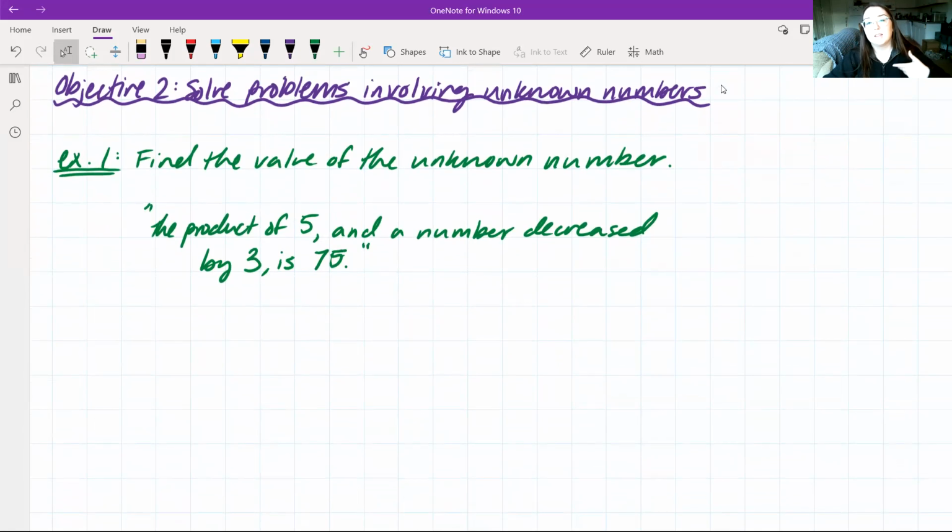So we've read the number here. What we want to find is whatever this number is that's being decreased by 3, because we know when we multiply this by 5, we're going to get a value of 75. So let's start with step 2. Step 2, we want to state our unknown, and we're going to let x be this unknown number.